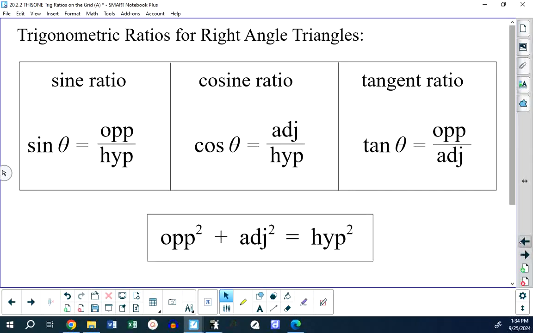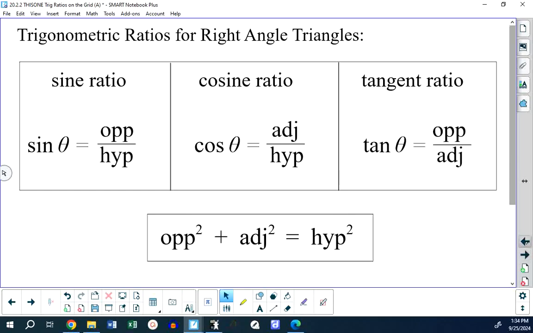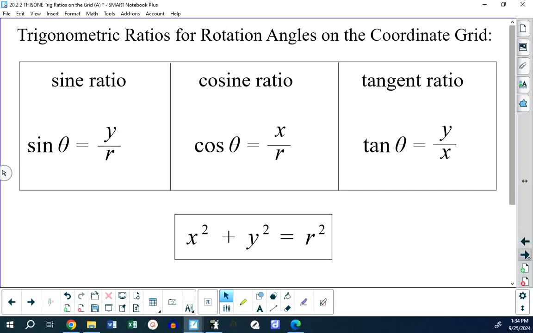We would still use this if you had a triangle and a problem in math where you had an angle of elevation to the top of the mast of a ship, and you were trying to find something else, maybe how far away the ship is. You would still use this, but in terms of coordinate trigonometry, this is what we're talking about. This is on your formula sheet. So in grade 10, we give students this on the formula sheet. Grade 11, we give them this. Grade 12, we don't give them anything in terms of these definitions. They need to know it.